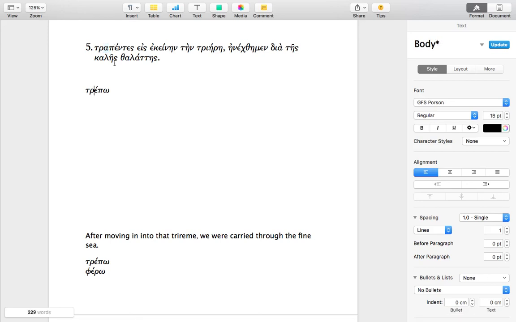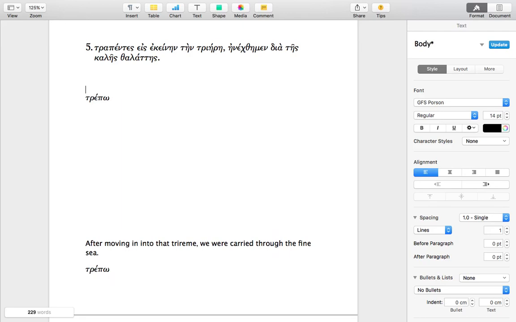Nominative plural. And so translating it, because it's aorist, I like to just say after moving, because it's from trepō, and this is one of those weird passive voices that gets translated as a middle. I mentioned that in the last video. Very seldom, just with this word trepō mostly. So after moving into that trireme, not this trireme, but that trireme.